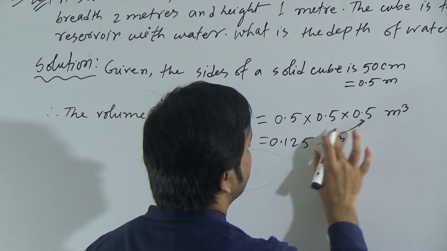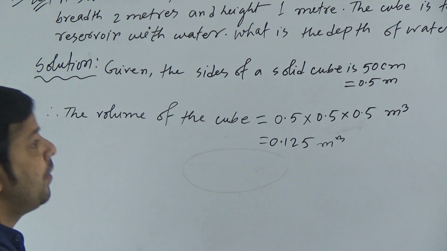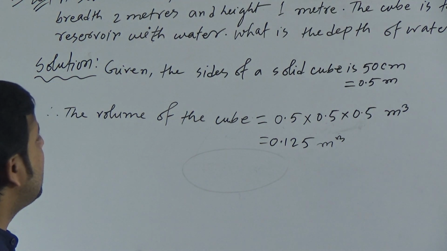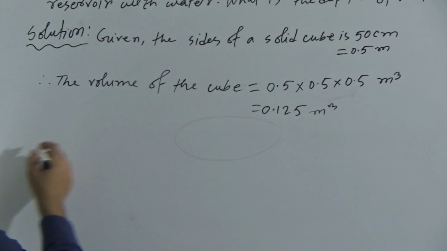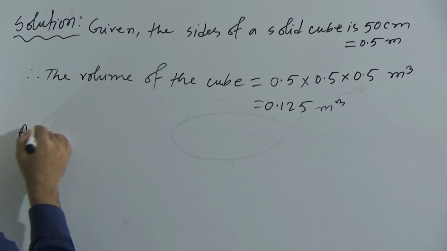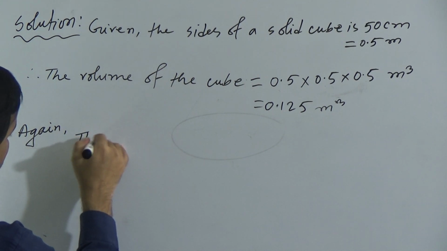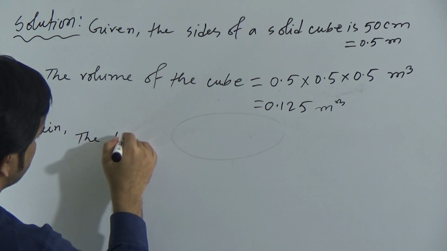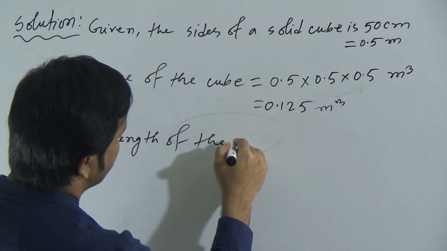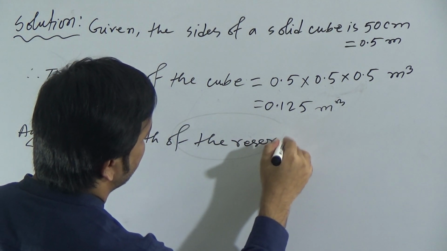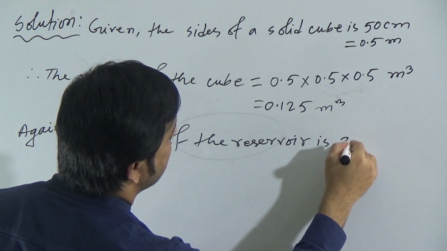Now we have to see that the length, breadth and the height of the reservoir is given. So we can write here, given again, the length of the reservoir is 3 meter.